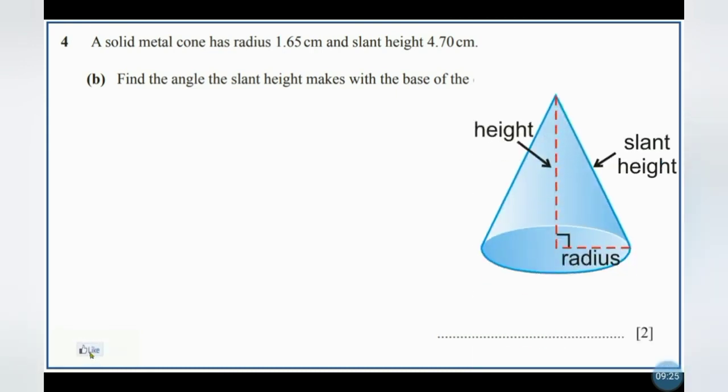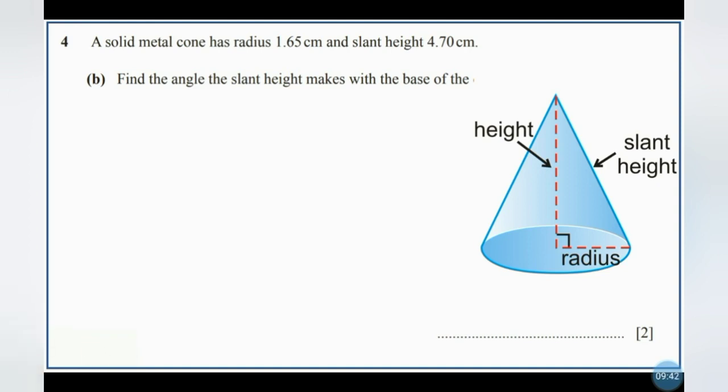Okay, so this is the figure so that we can easily understand. It's also good if you draw in your paper while taking the examination. That's one of my advices that I give to my students.